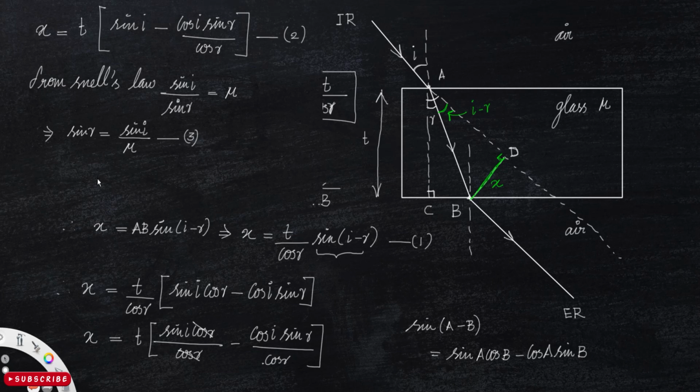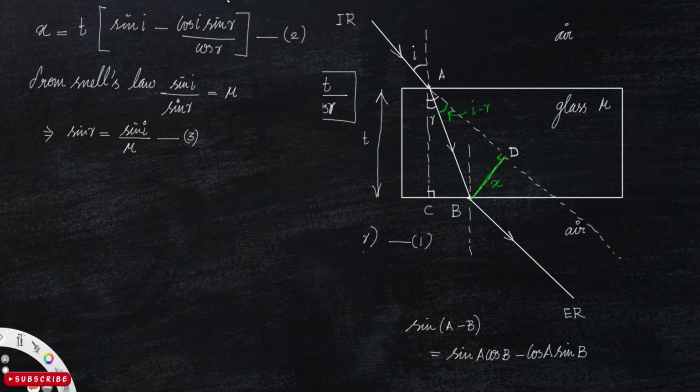Also, we know cos R will be root of 1 minus sine square R. That is from the identity we know, for any angle theta, cos square theta plus sine square theta is always 1.